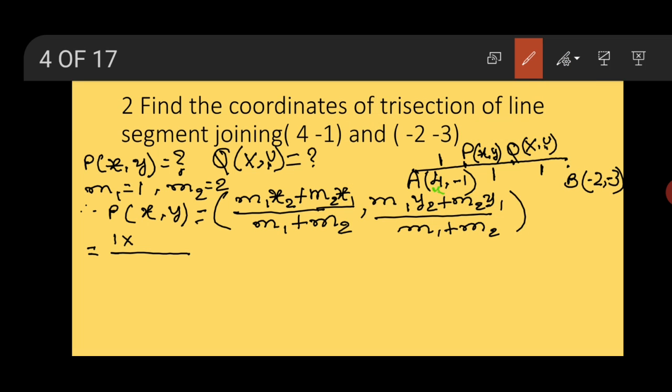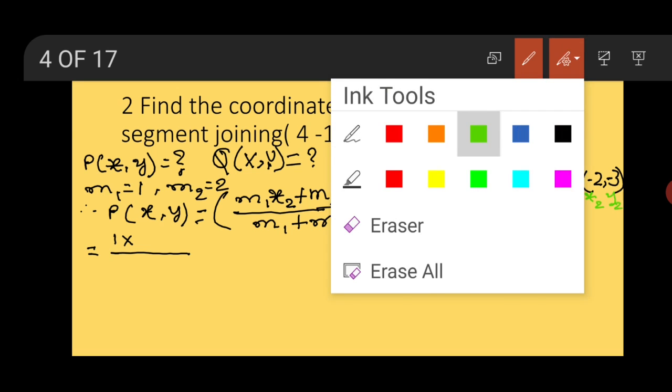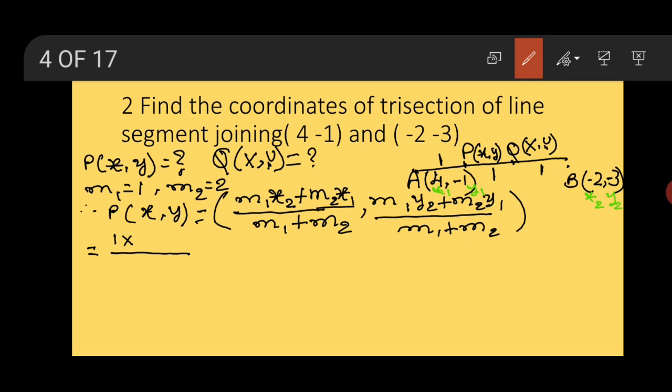Now substitute the values. See, take this as x1 and this as y1. Similarly, this is x2, y2.